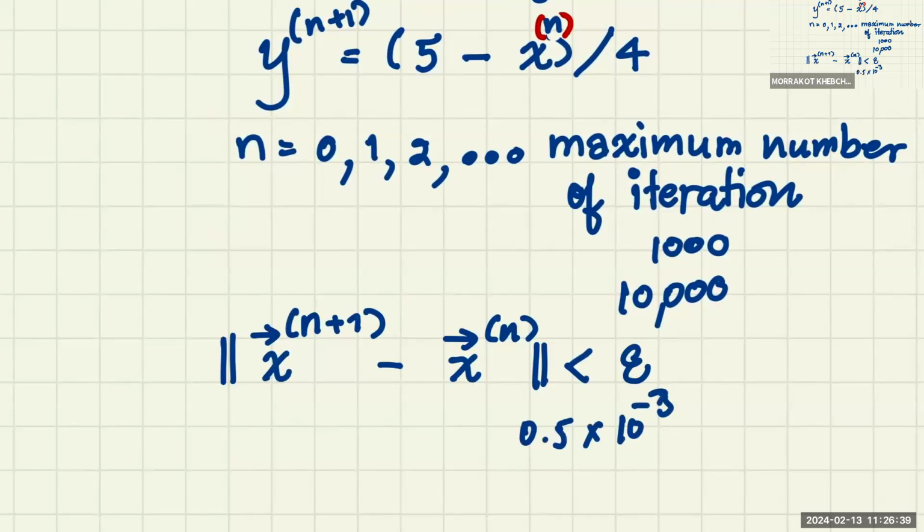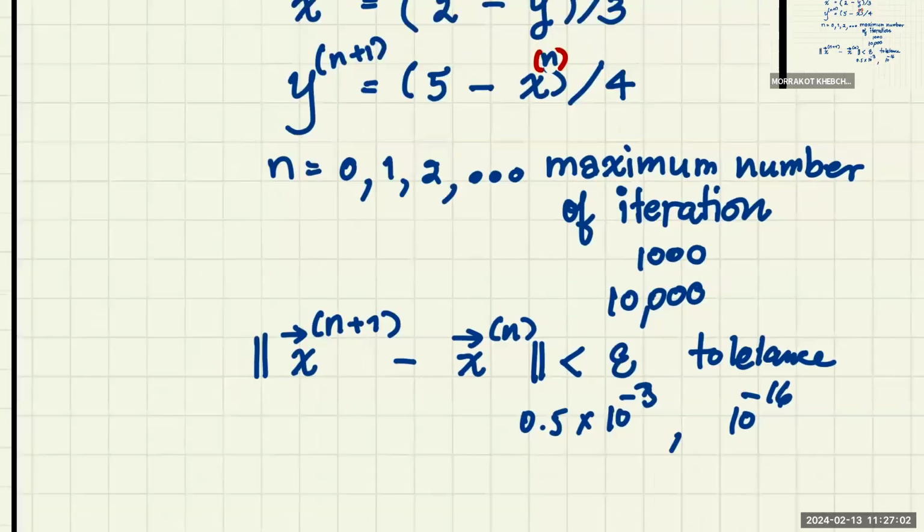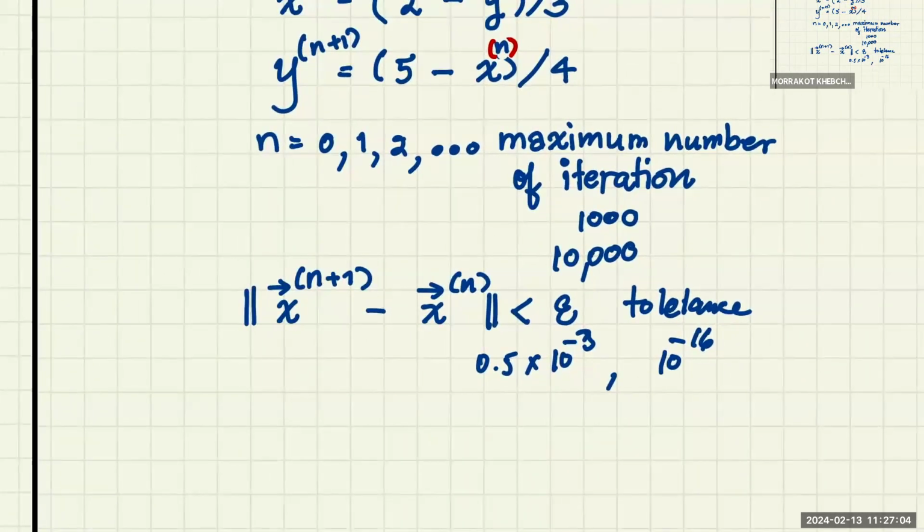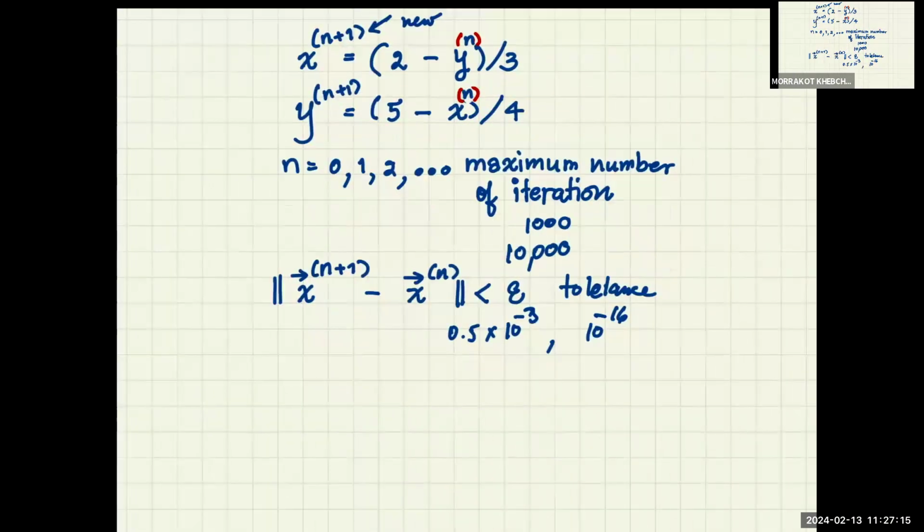Or you will say, okay, 10 to the minus 16 for a more accurate result. Okay. So this is called the tolerance. Tolerance means how much you can tolerate or how much you can accept. Okay. So it's assigned by you. Okay. So that is very simple.